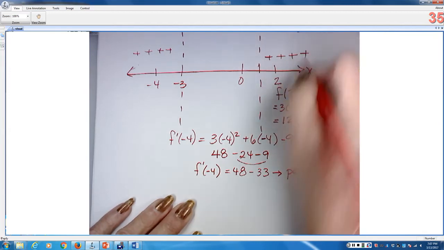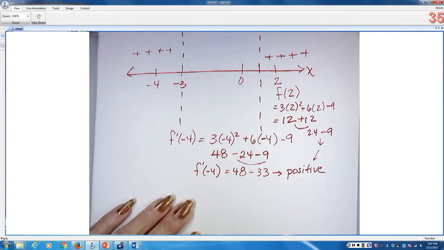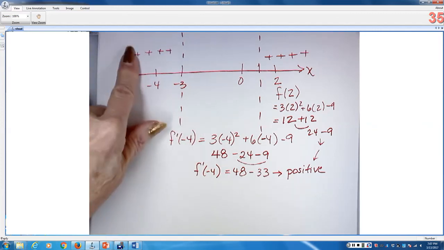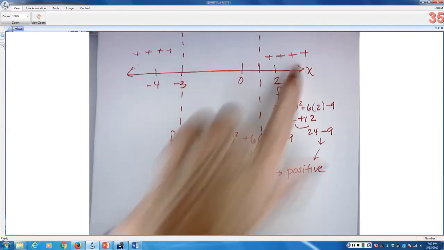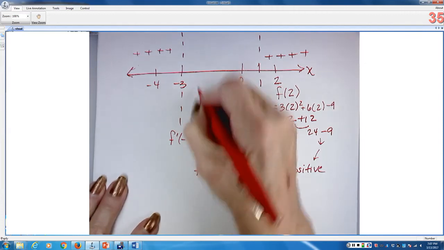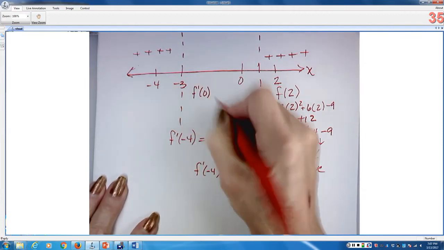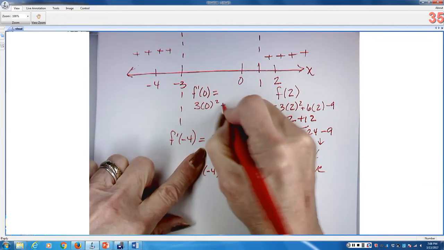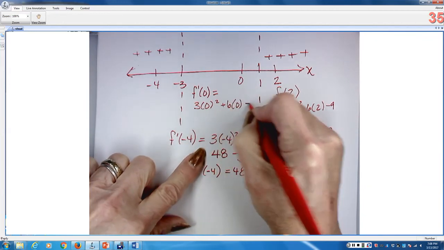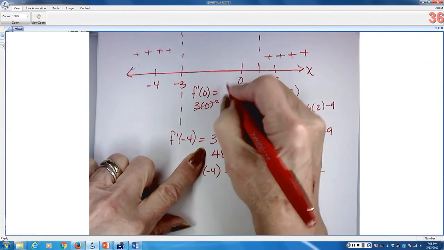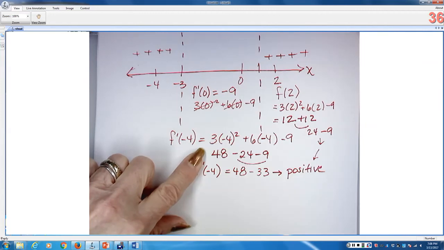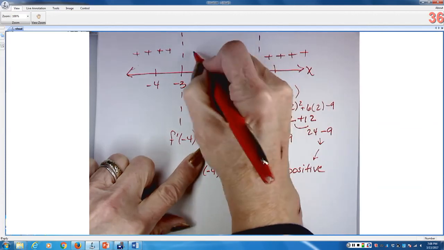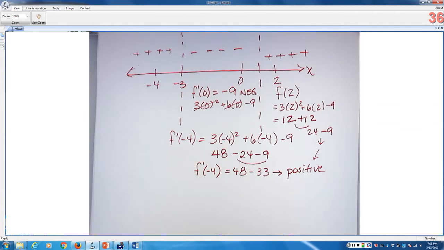Slope's positive here. So in between, I'm kind of expecting this to be negative, so that it goes positive to negative and then negative back to positive. But I'll check. F prime of 0 would be 3 times 0 squared plus 6 times 0 minus 9. And that's 0 and that's 0. So it is indeed negative. Okay?